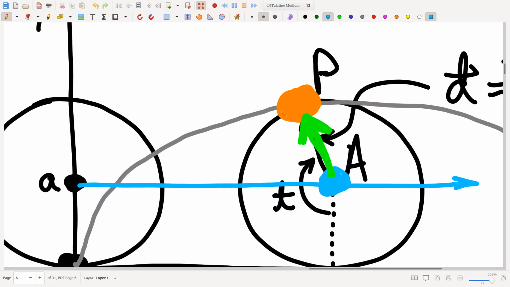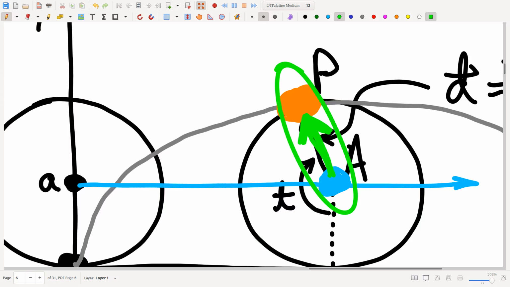And if you think about this green vector, what are we going to say about that green vector? Well, it's easy to get this a little wrong. There's a temptation to say, ooh, that green vector is kind of doing like this, that it's moving while it's rotating. But remember, it's a vector.